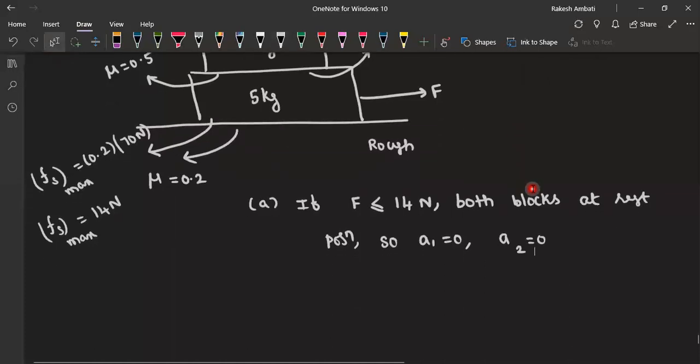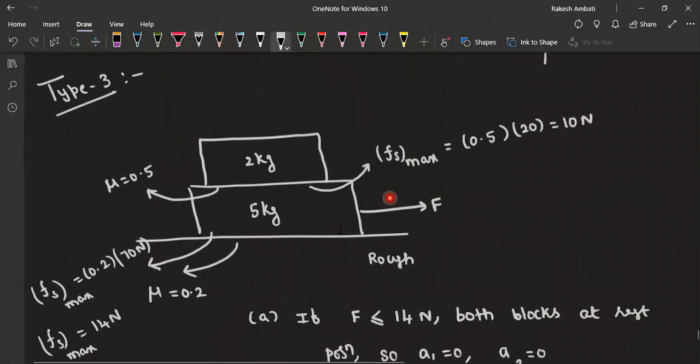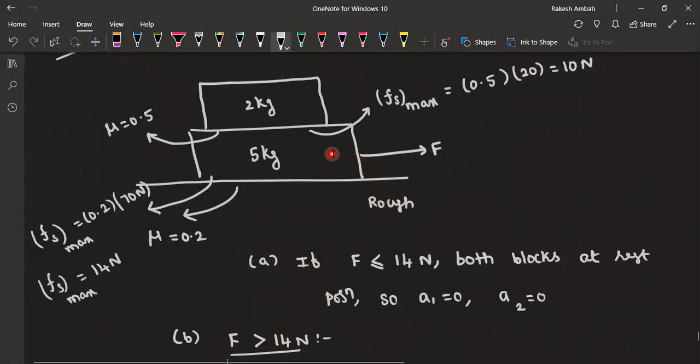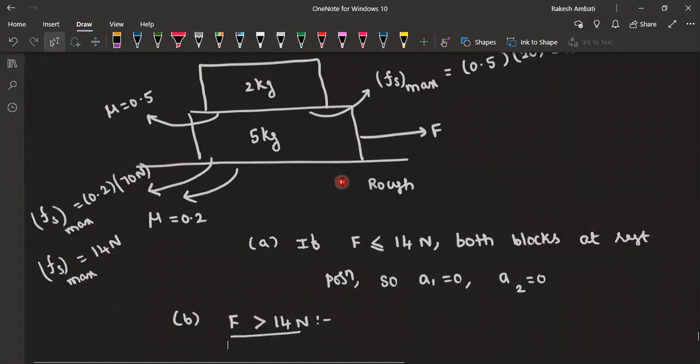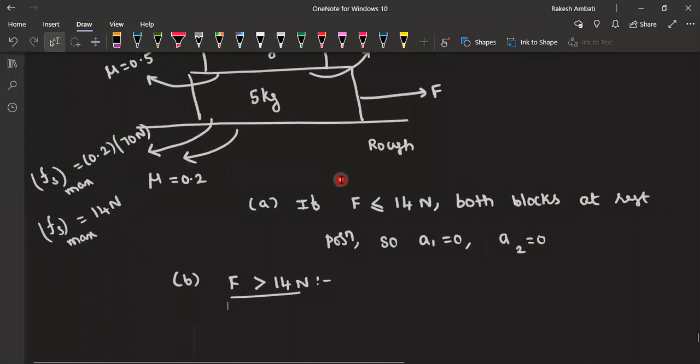Then after, I'm taking F greater than 14 newtons. If F is greater than 14 newtons, will the blocks' motion start or not? Started. So if it started, what assumption do we have to make? The same common acceleration, correct.